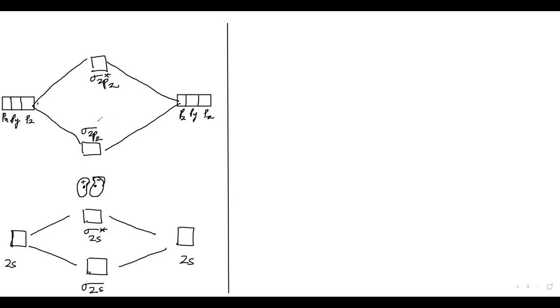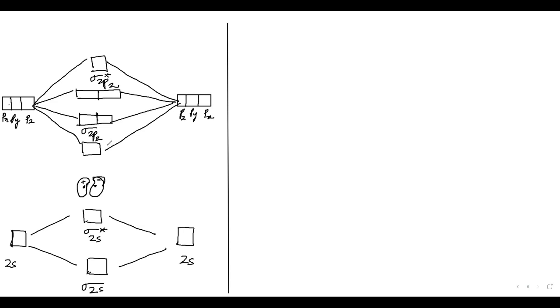Now we have known that sigma bonding will be better bonding, and hence now this px or py, whatever you take, they will be forming pi bonds, and they will be equal in energy. Why? See, in comparison to 2pz, px and py are the same.